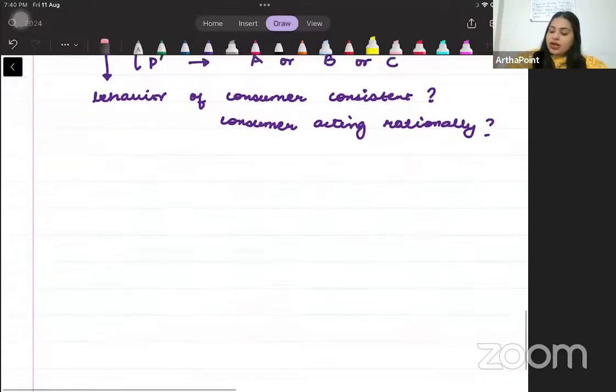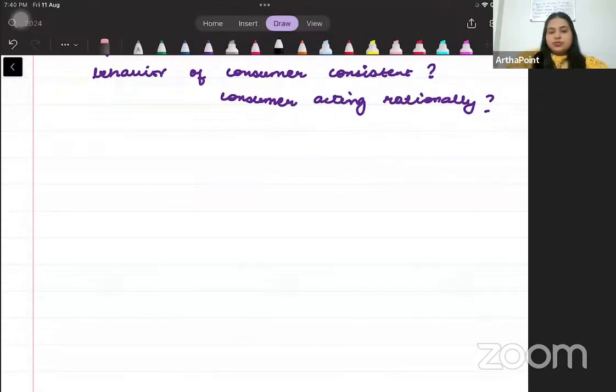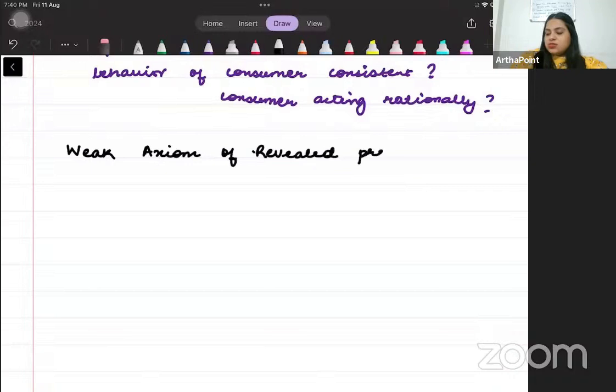Now, let us talk about the first revealed preference law, known as WARP, the weak axiom of revealed preference. Suppose, please try and understand clearly.